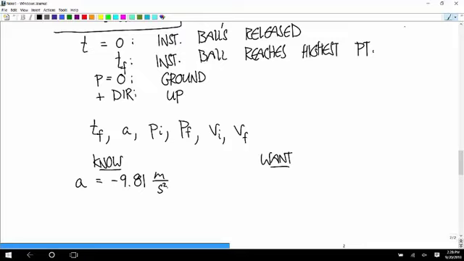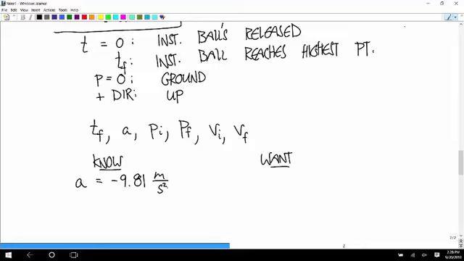Let me help you make sense out of that. If you throw an object up into the air, like in this problem, on its way up, what direction is its velocity? Up, right? And if you call that positive, it's positive. Is it speeding up or slowing down? Slowing down. It's eventually going to come to a stop and come back down.